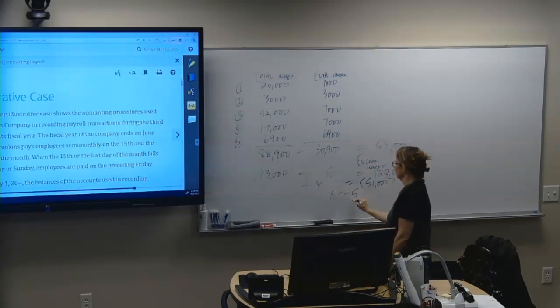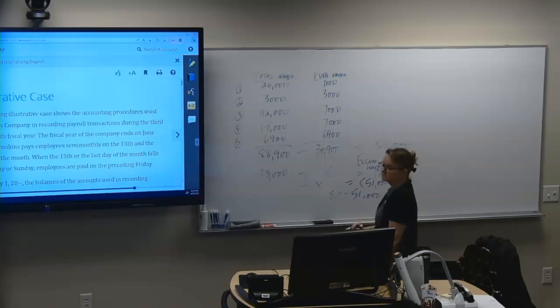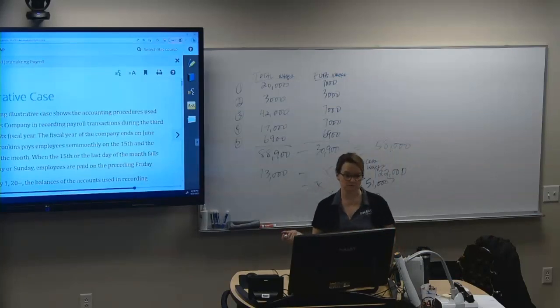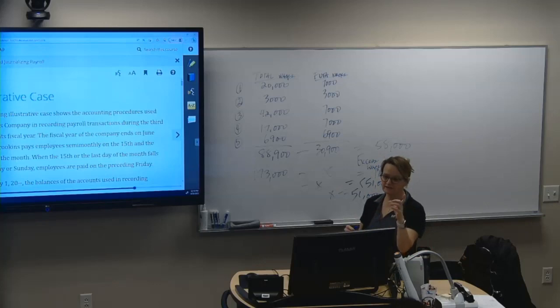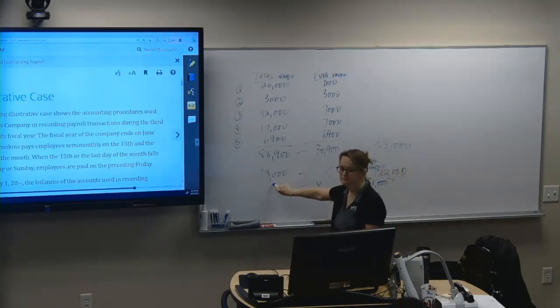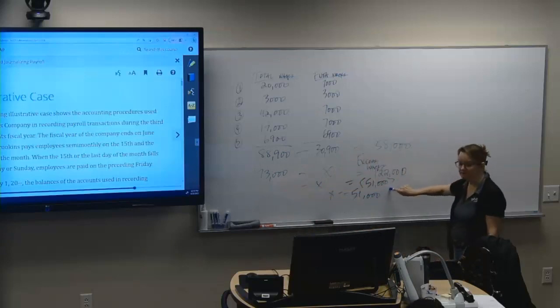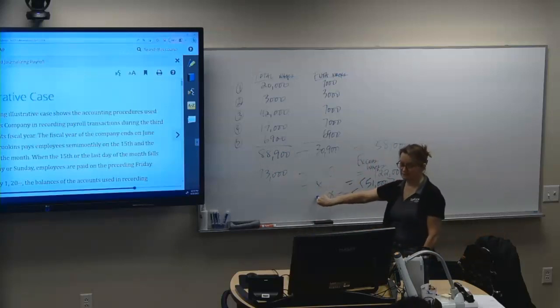So X equals 51,000 for our FUTA taxable wages. Does that help? Because the 940 is asking how much was paid in excess. So it's asking for this amount in order to come up with this amount.